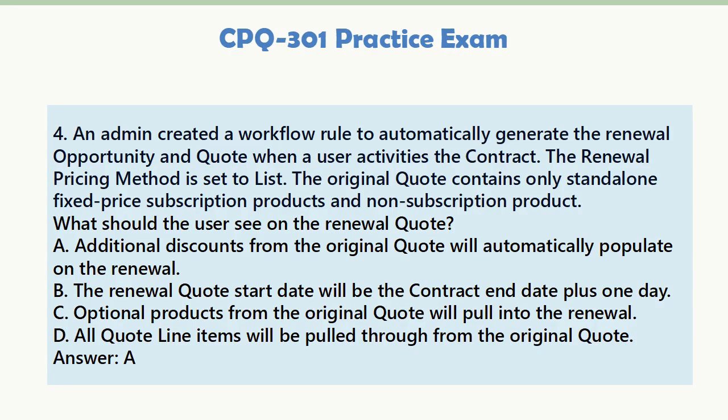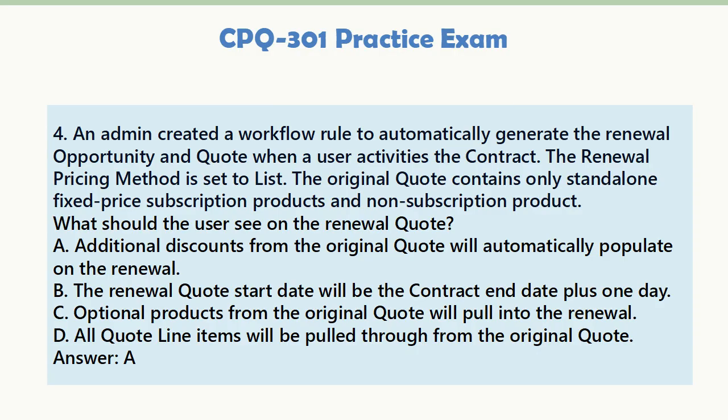4. An admin created a workflow rule to automatically generate the renewal opportunity and quote when a user activates the contract. The renewal pricing method is set to list. The original quote contains only standalone fixed-price subscription products and non-subscription products. What should the user see on the renewal quote?